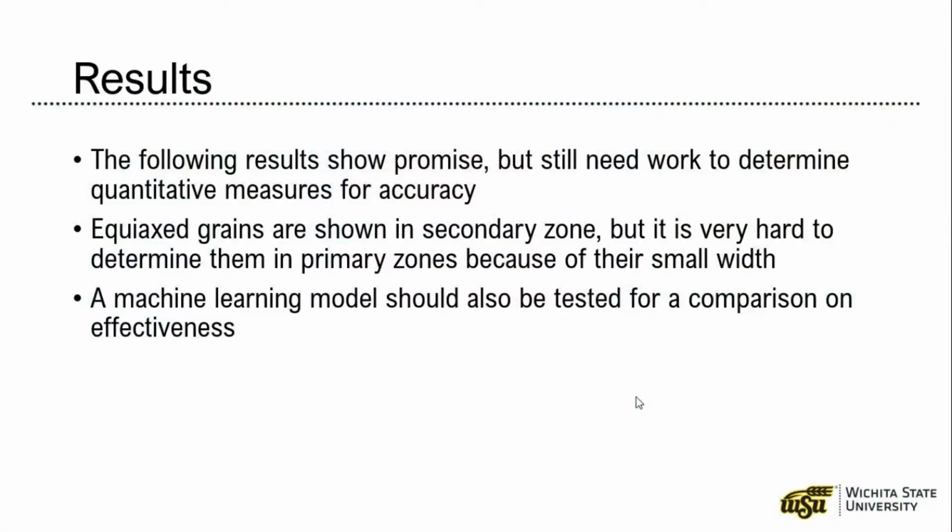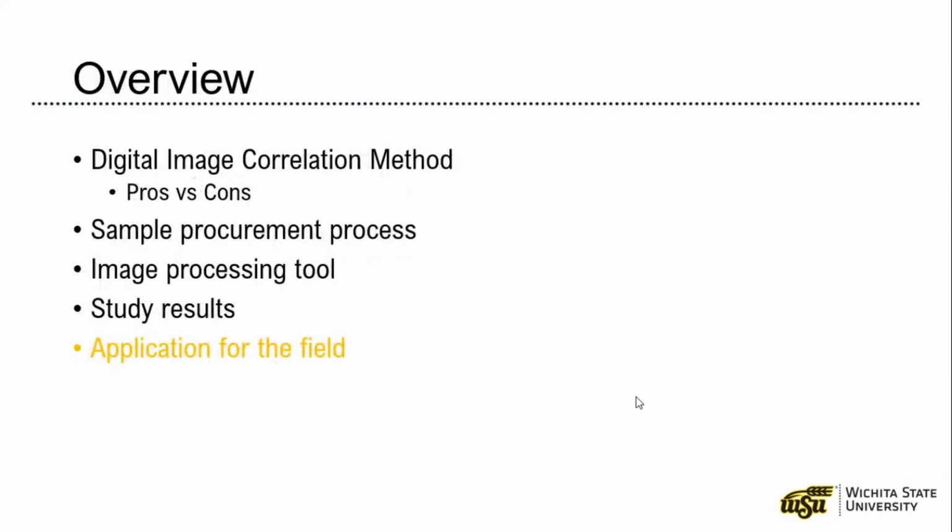Another visual thing that we saw was the equiaxed grains are shown in the secondary zone, but it's very hard to determine in the primary zones because of their small width and we don't have enough resolution for that. Another thing that we were thinking of is testing a machine learning model in comparison with this model as well. This is a physics-based model. A machine learning model takes images in a database and compares them with what we have. That would take some time to set up.